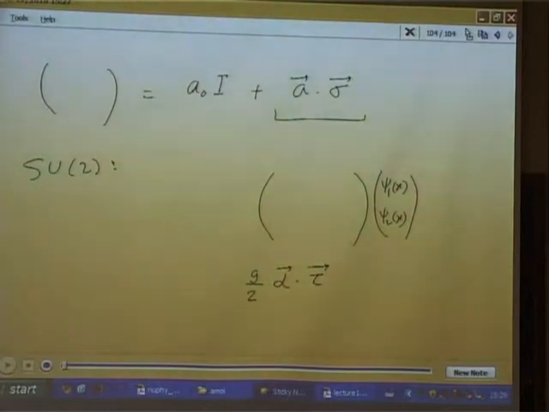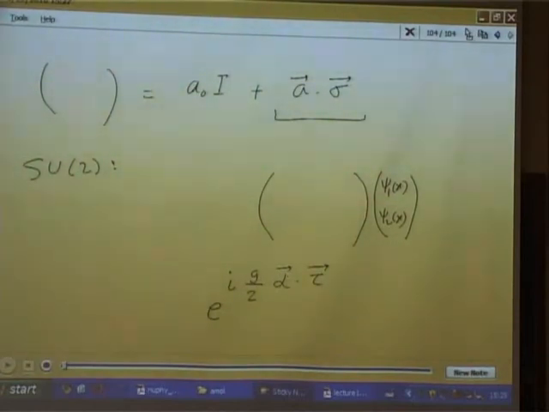Now, for those of you who are not familiar with group theory, you can just take it as a given that an SU2 transformation means that you multiply this psi 1 psi 2 of x by this matrix, e to the power i g by 2 alpha dot tau. Taus are so-called generators of SU2. Alpha can be any vector, and it's a vector that you can choose at each space-time point separately. So alpha of x, just like before. This is just a simple generalization.